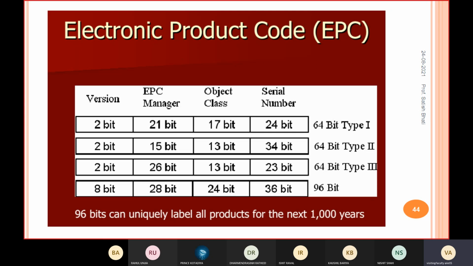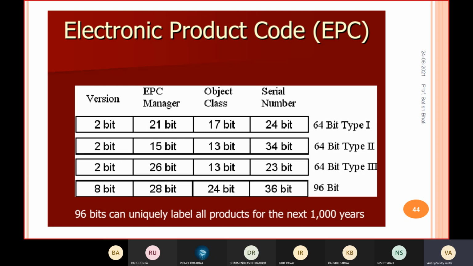Nowadays wherever you find this kind of RFID system, most applications are using this EPC. In this EPC, it is a kind of code, right? Like you can see in the figure, there are some different versions. In some versions you will find the code is 64-bit, and the latest one is using 96-bit, right? In these bits, the first two bits give you the information about the version.